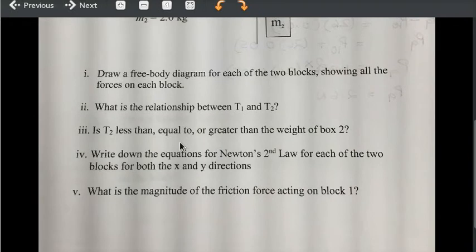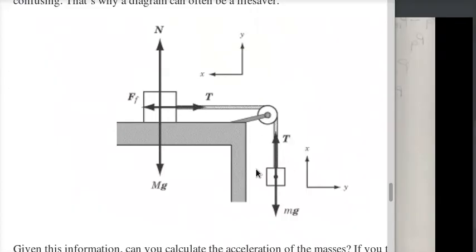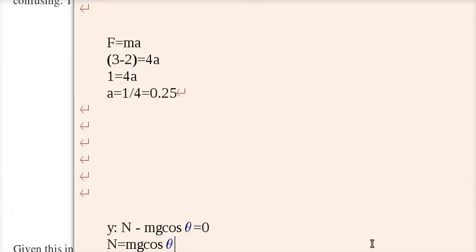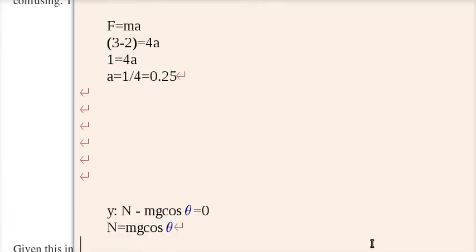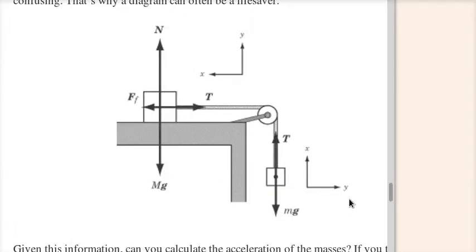And that's part 3. So I'm going to go ahead and show that before I talk about the free body diagram of the top block. We have tension upward minus mg downward. That's why it's minus, equals 0, because a equals 0.